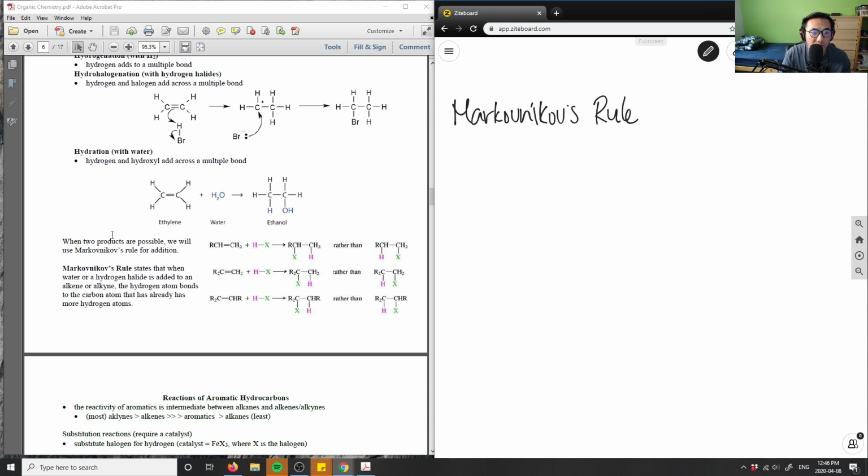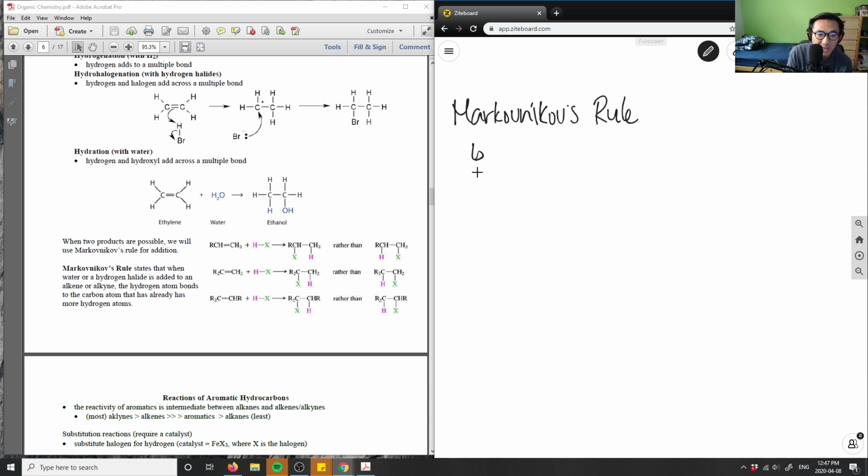It states that for addition, when 2 products are possible, we use Markovnikov's rule. And what it states is that when water or a hydrogen halide, which you can think of as a hydrohalogen, is added to an alkene or alkyne, the hydrogen atom bonds to the carbon atom that already has the most hydrogen atoms.